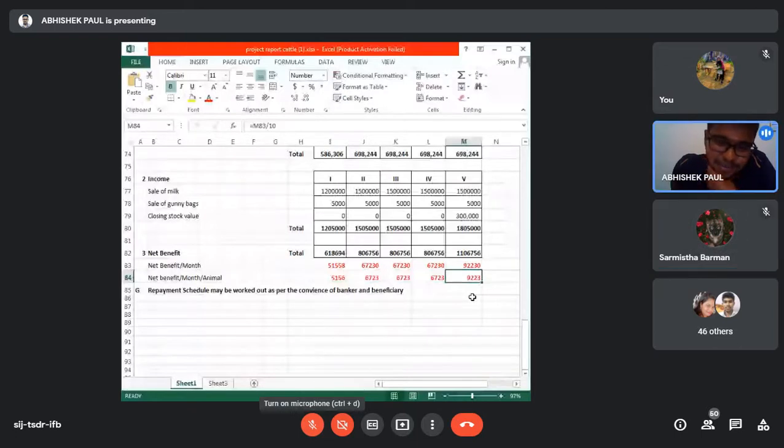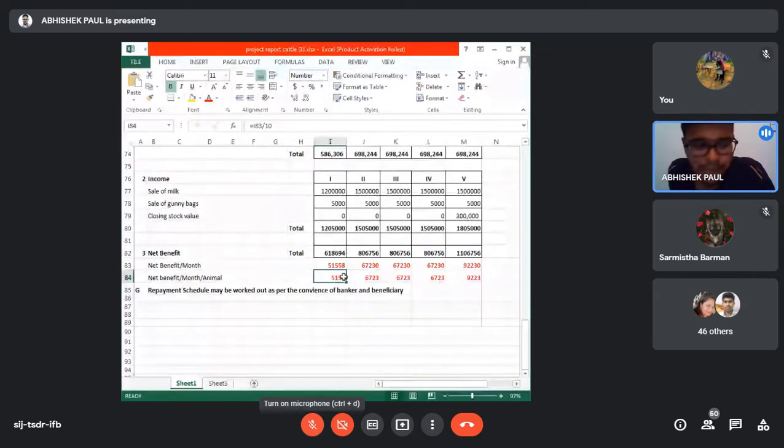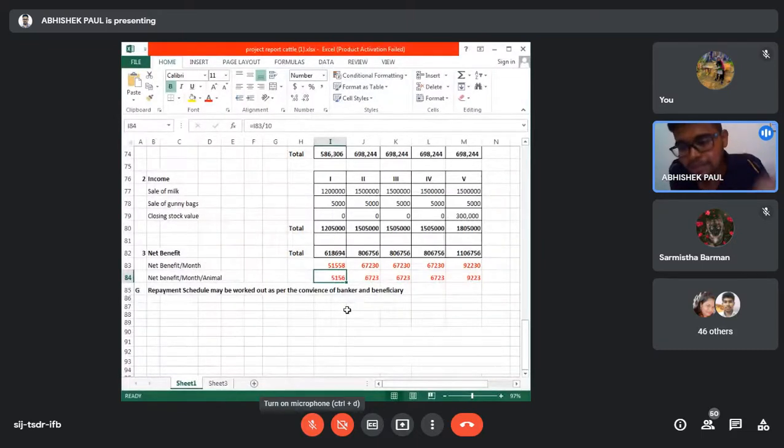Okay, so the project report is basically formulated to get the loan sanctioned from the bank. As per this project, we are assuming the farmer will be able to generate 5,000 rupees per month per animal, so the farmer is on the positive side.